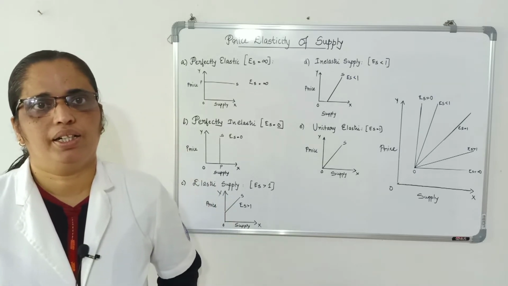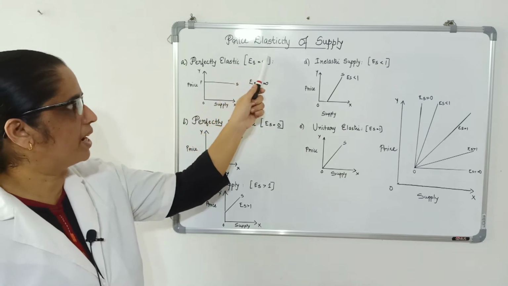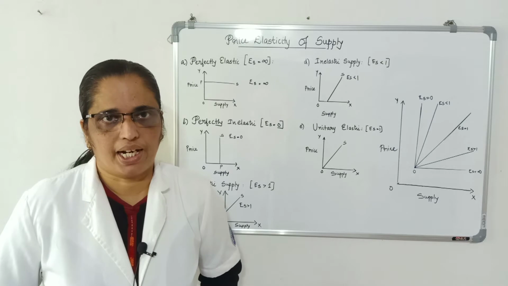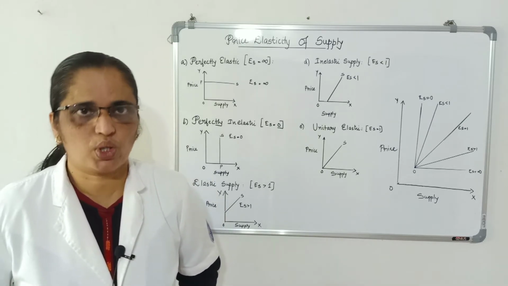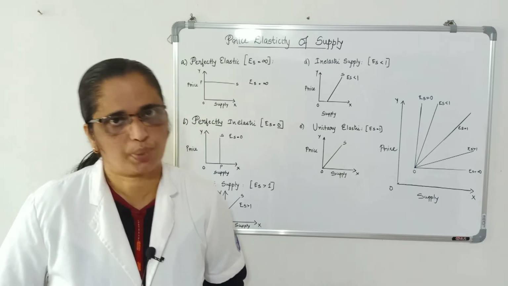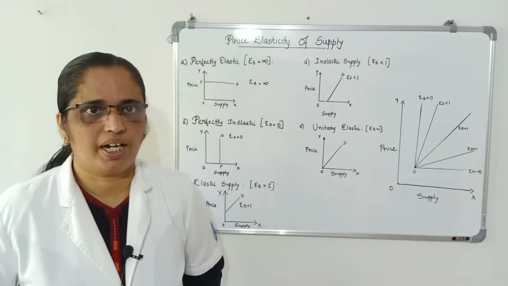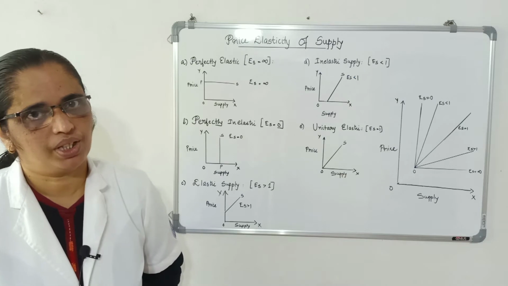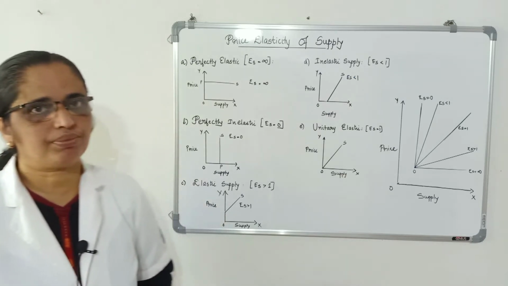Today, let's study the concept of price elasticity of supply. Price elasticity of supply is a technical term used to denote change in supply due to change in price. It gives us a quantitative measurement of change in supply due to change in price.